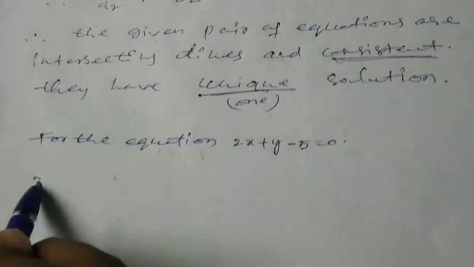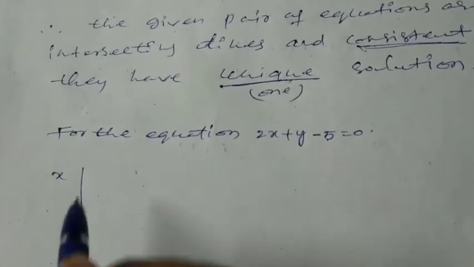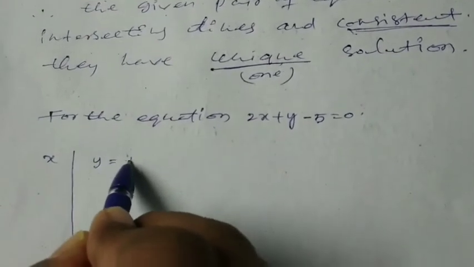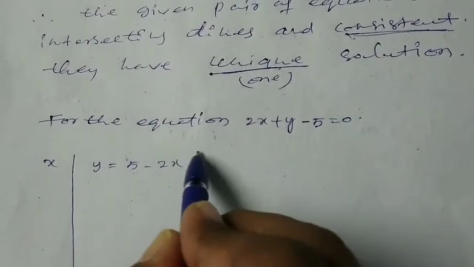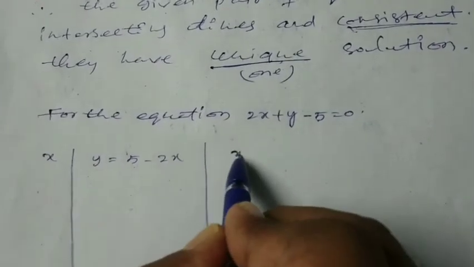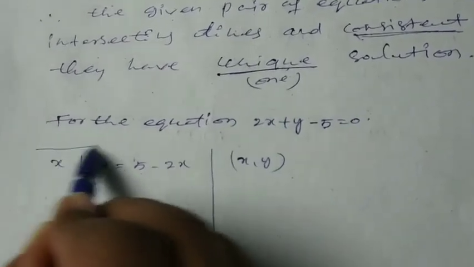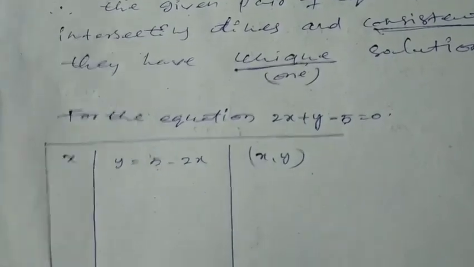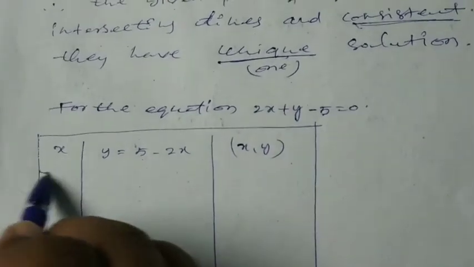Now we write a table with x and y. y equals 5 minus 2x.